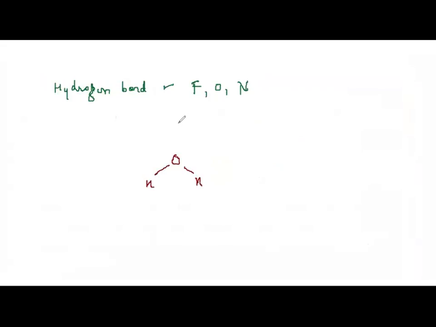Since in the water molecule this has a slight negative charge and a slight positive charge, what happens? The hydrogen of one molecule weakly attracts the oxygen of another molecule, because there is slight negative polarity there. Similarly, this hydrogen weakly attracts the oxygen of another water molecule.